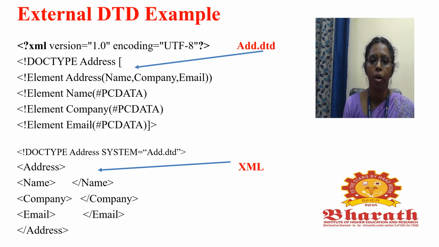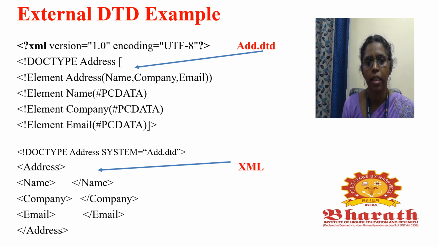Here we are mentioning, for document type address, SYSTEM equal to add.dtd, so all the data in this XML will be validated against this add.dtd, which is stored as a separate DTD file.